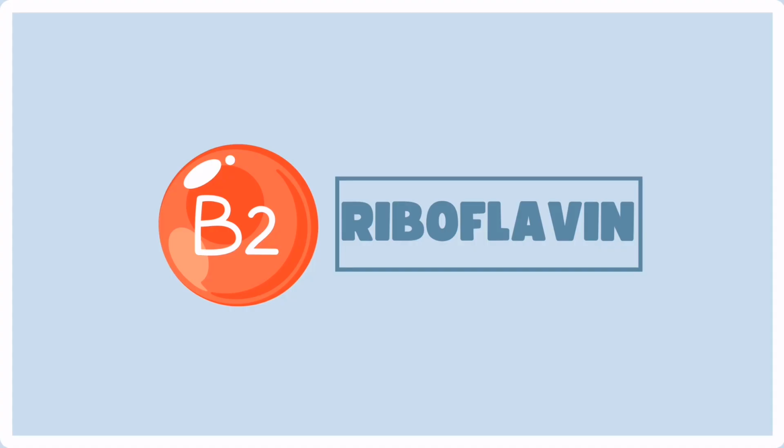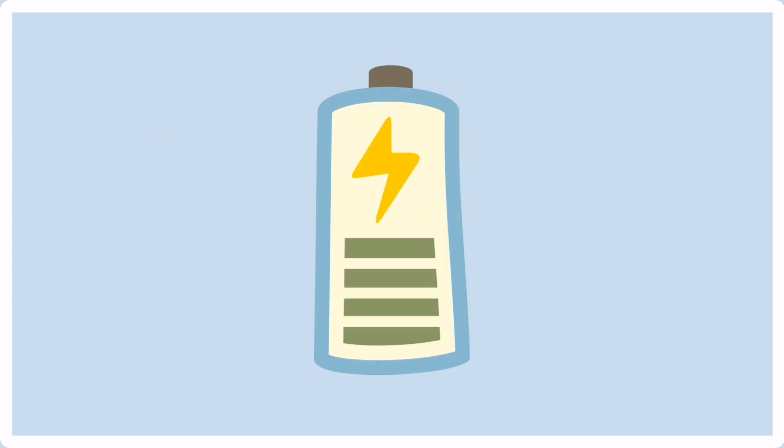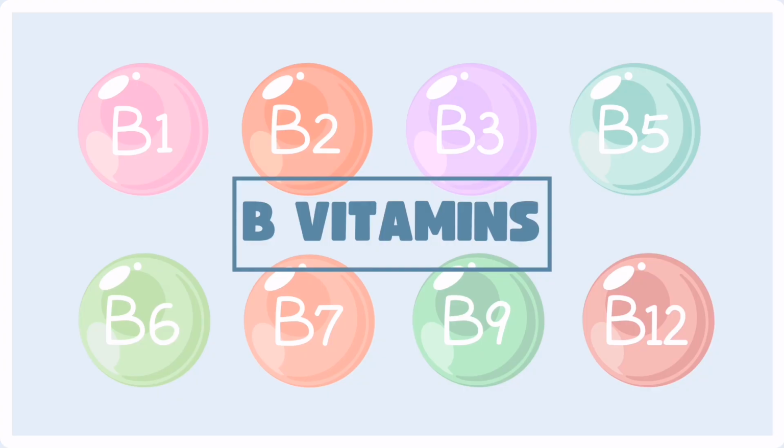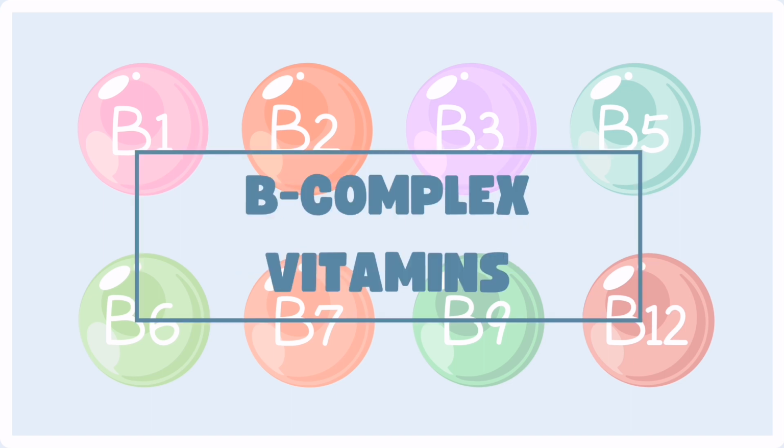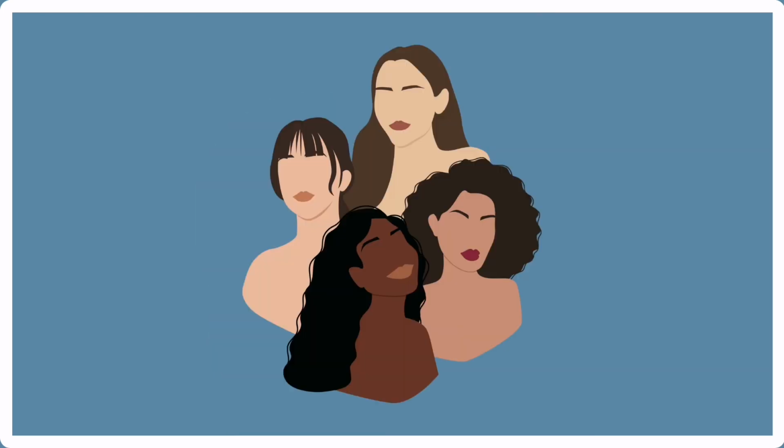Number 2, riboflavin. Vitamin B2, often known as riboflavin, is one of the 8 B vitamins. All B vitamins aid the body in the conversion of food, which is then utilized to generate energy. These B vitamins, often known as B-complex vitamins, assist the body in digesting fats and proteins. B vitamins are required for a healthy liver, skin, hair, and eyes.